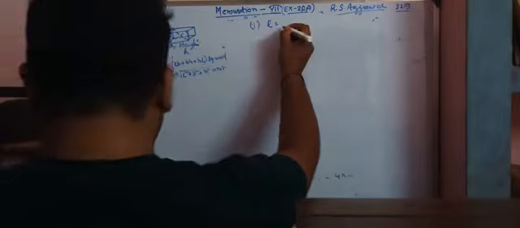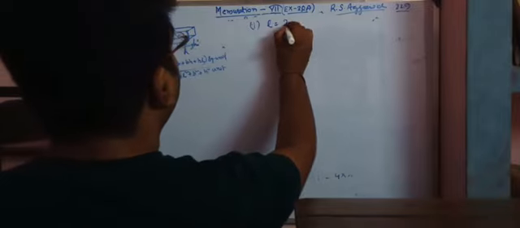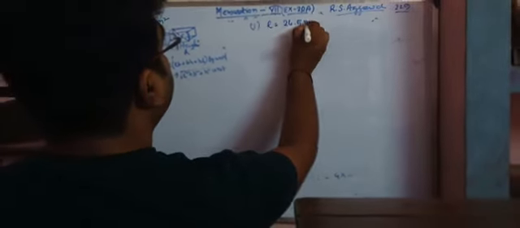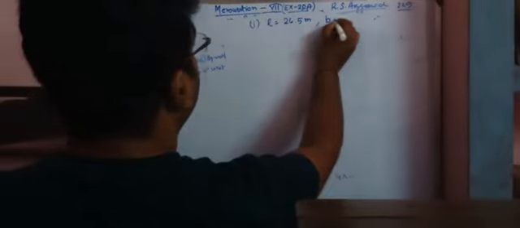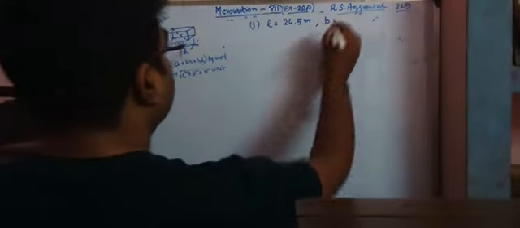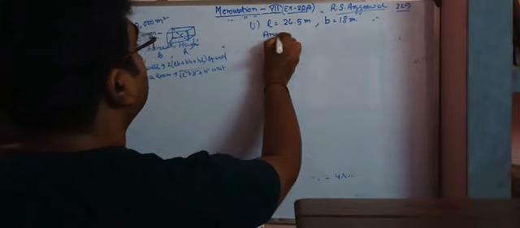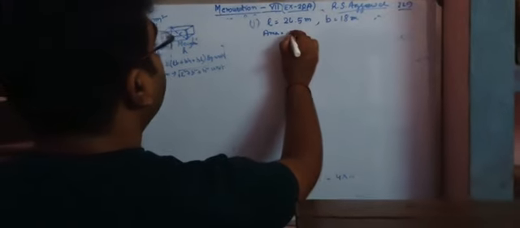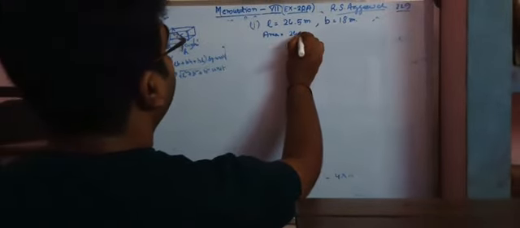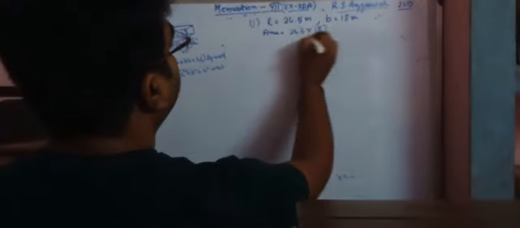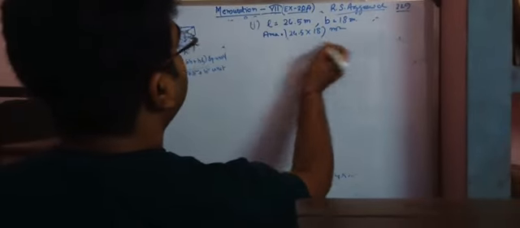Question number 1. Length is equal to 24.5 meter and breadth is equal to 18 meter. So we have to find the area. The area is the multiplication of these two, length into breadth, that means 24.5 into 18 meter square.